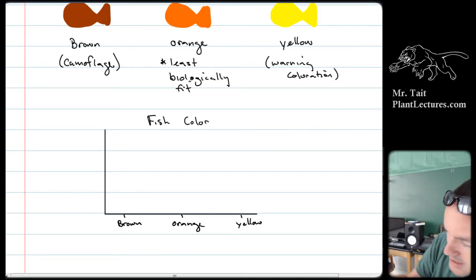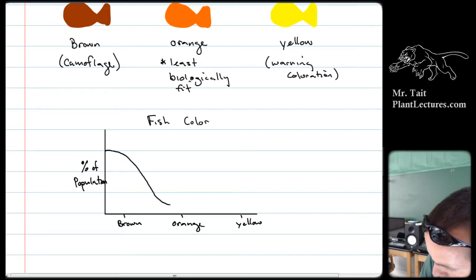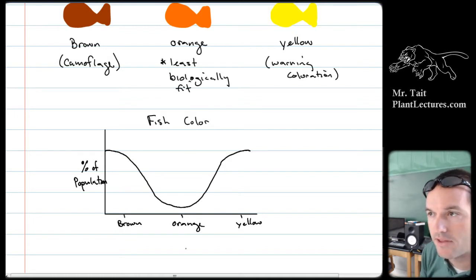What you'd be likely to see, and this is percent of the population, is sort of an inverted bell curve like this, where the more yellow you are, the more likely you are to survive, and the more brown you are, the more likely to survive. But the closer you are to the intermediate phenotype, the less likely you are to survive, and therefore the less percentage of the population, right?